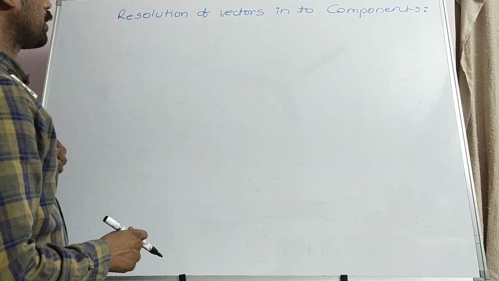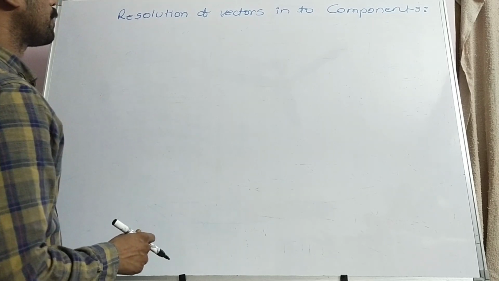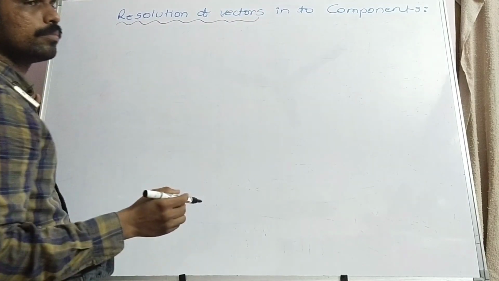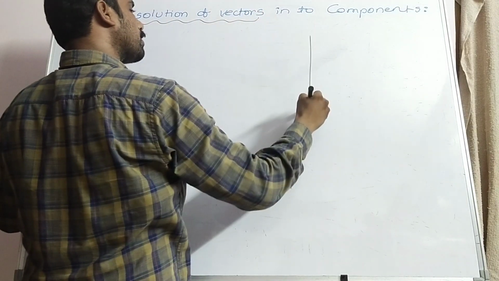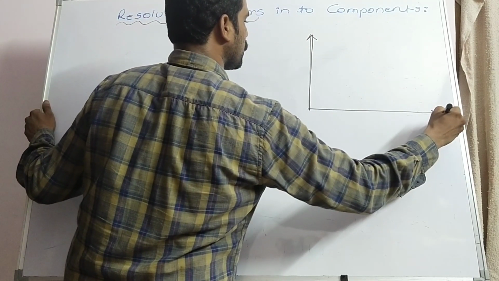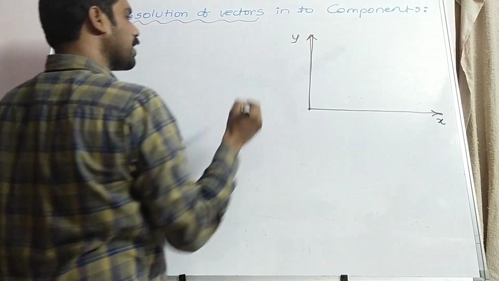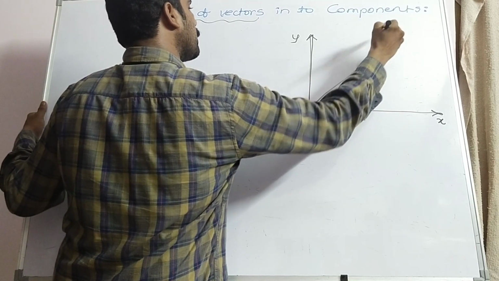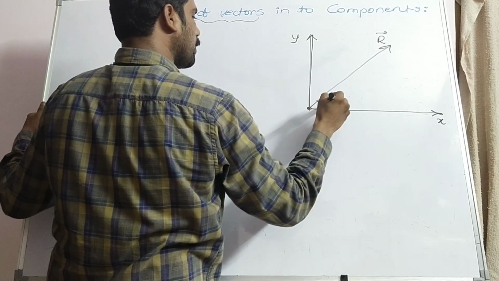Okay. Today we are going to discuss the resolution of vectors. A vector can be resolved into rectangular components. Let us consider this is the x-axis, this is the y-axis. So here is the vector r bar, which makes an angle theta with the vertical.